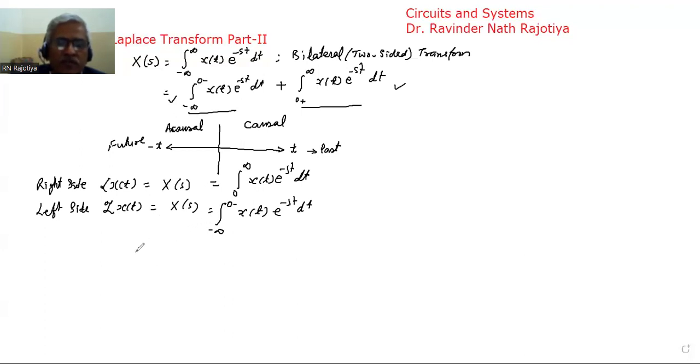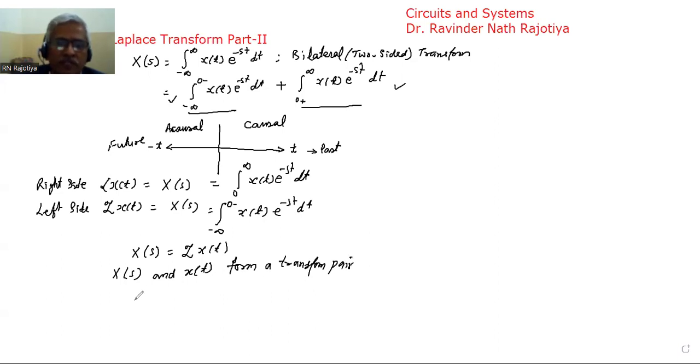Now, we are finding X(s), which is nothing but the Laplace transform of the given signal x(t). The transform X(s) and x(t) form a transform pair.